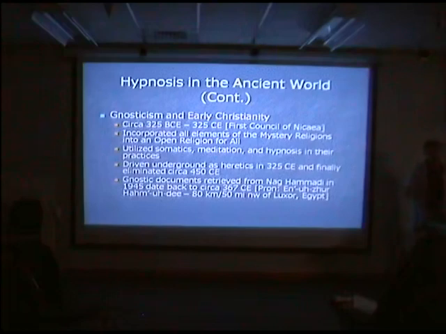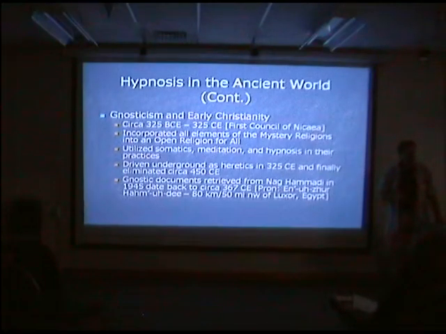And they all got together, and they all talked among themselves, and what came out of that was Gnosticism. And Gnosticism feeds directly into early Christianity from about 60 or so CE until 325 CE.